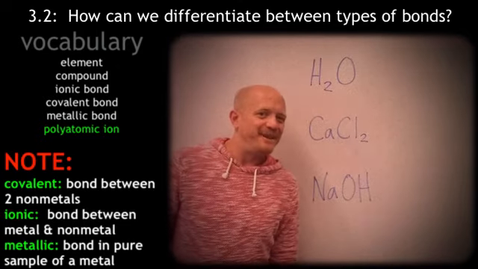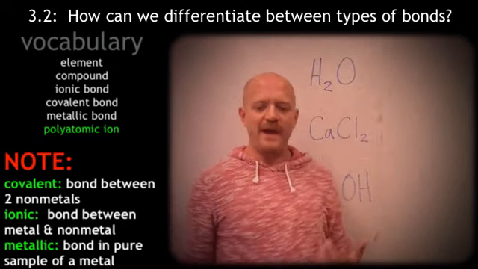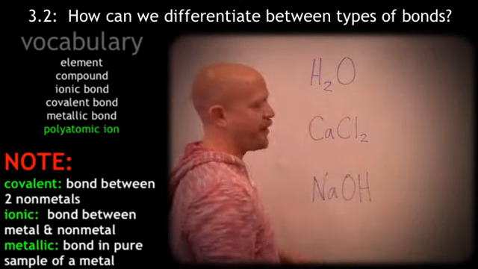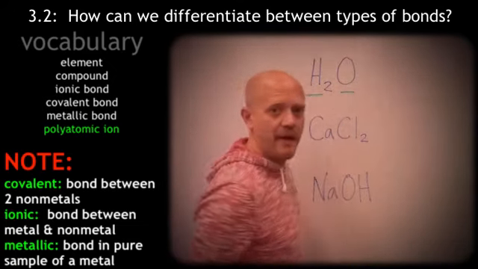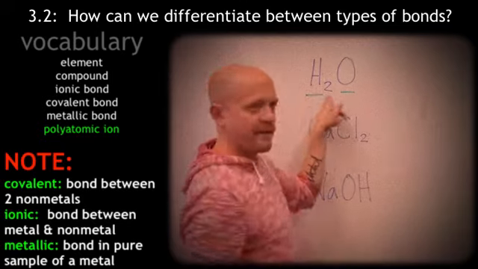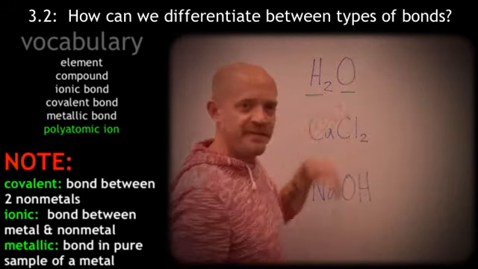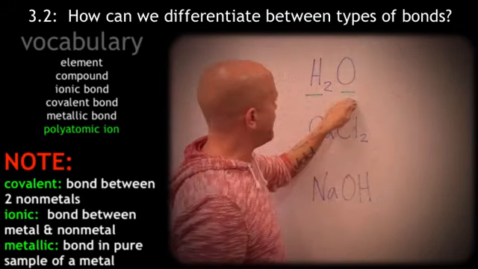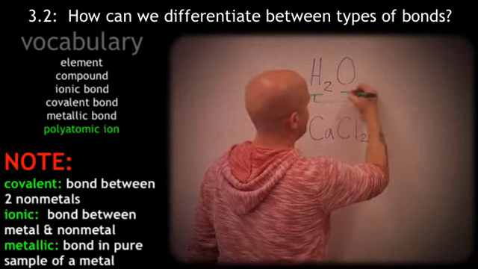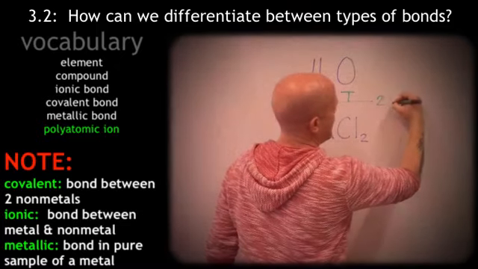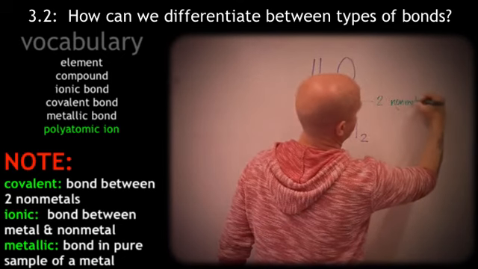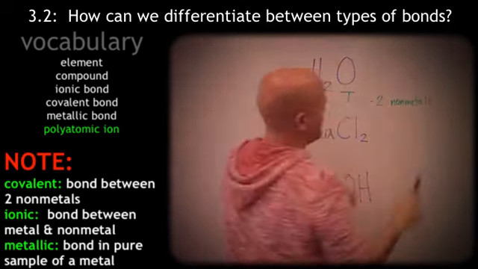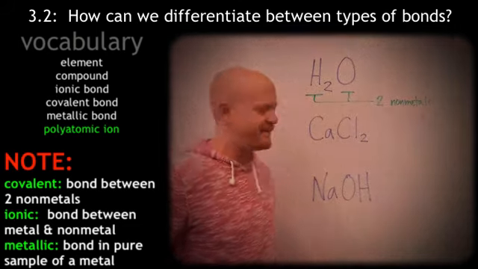Now here's an easier way of doing this. When you have a covalent compound, like water, you're going to have a nonmetal bonding with a nonmetal. This number right here just refers to quantities. We're going to deal with this in an upcoming video. All you're doing is looking, and if it's 2 or more nonmetals, it is covalent.